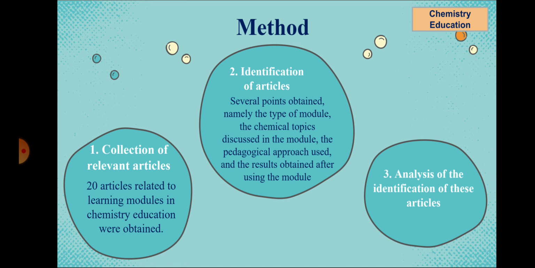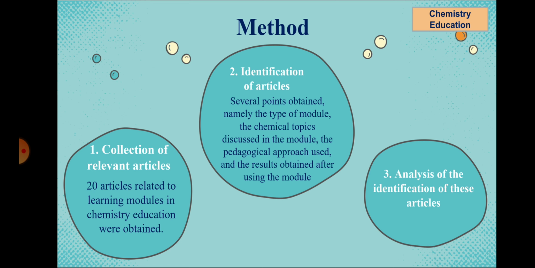At the stage of collection of relevant article, 20 relevant articles were obtained related to the learning module in chemistry education. After article collection, the article is identified.